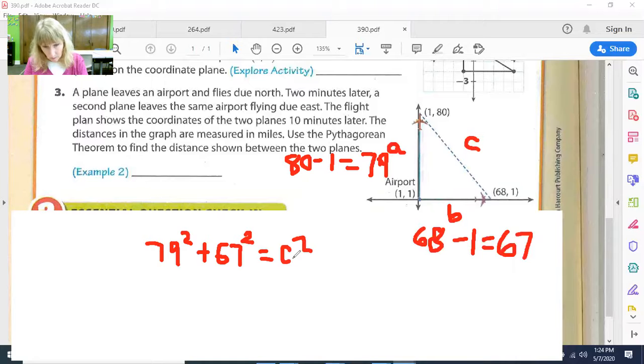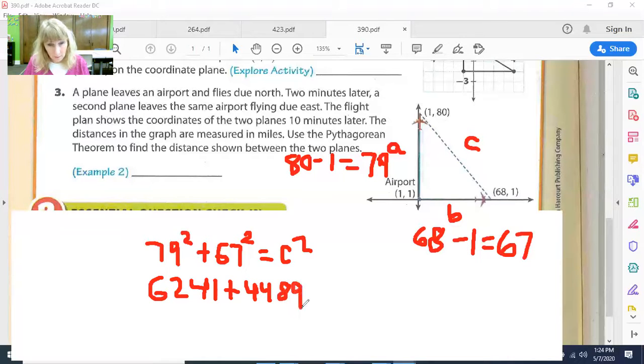79 times 79 on my calculator is 6241. So 6241 plus 67 times 67. 67 times 67 is equal to 4489. 4489 equals C squared.